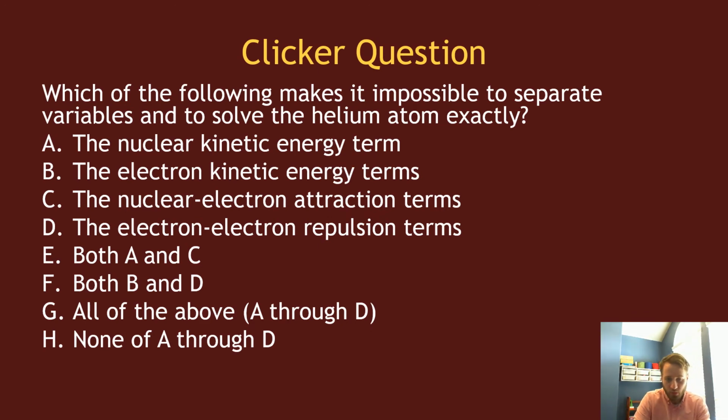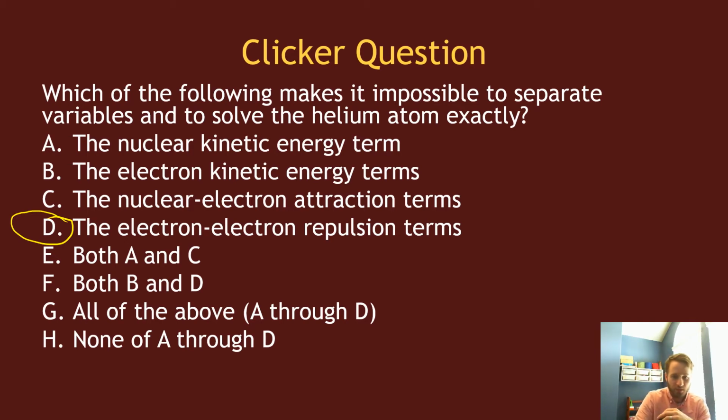Okay, so here's a clicker question to review some of the things that we've talked about in this video and the last. Which of the following makes it impossible to separate variables and to solve the helium atom exactly? Is it the nuclear kinetic energy, the electron kinetic energy, the nuclear-electron attractions, or the electron-electron repulsions? The only one of these terms that I can't separate into one-variable quantities is going to be D here, the electron-electron repulsion.